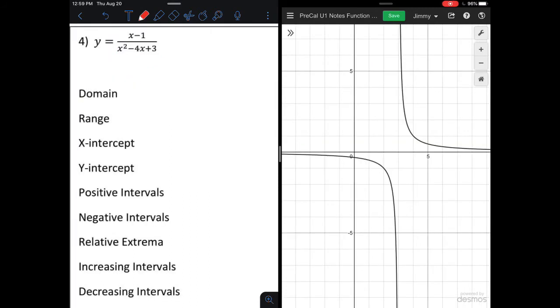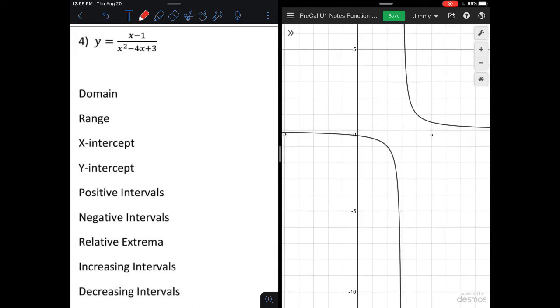All right, let's look at another example of trying to perform a graphical analysis of a function. And so I already have this equation typed in here on Desmos on the right-hand side, and we look at this graph, and it has a break in it, and it looks like the only break is at 3. So we're like, well, okay, x cannot equal 3.